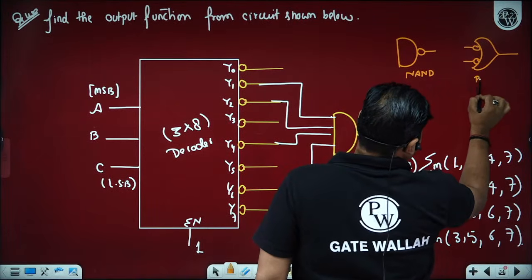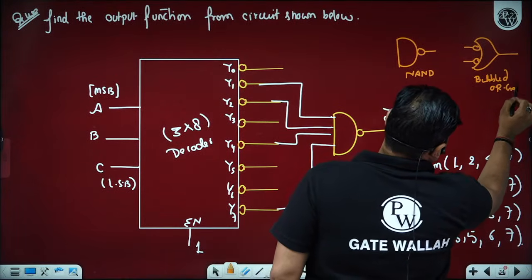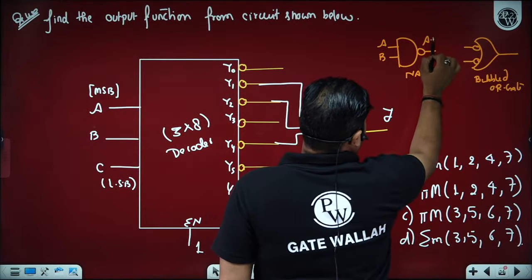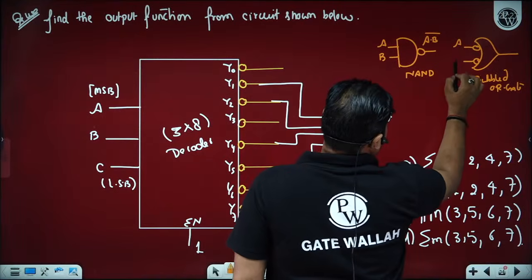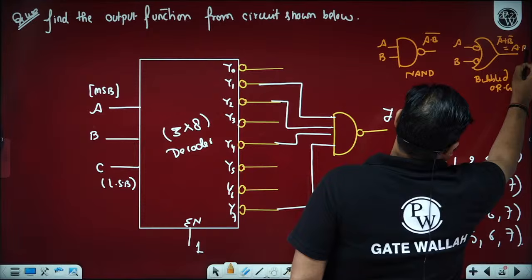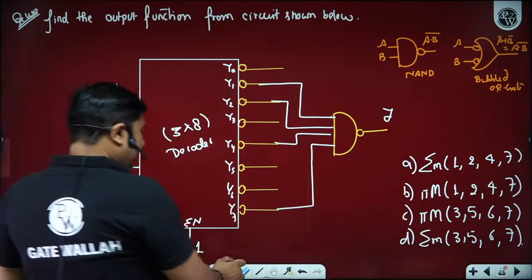If we have AB, we get A dot B bar. If we have AB, we get A bar plus B bar. By using De Morgan, we have AB bar.